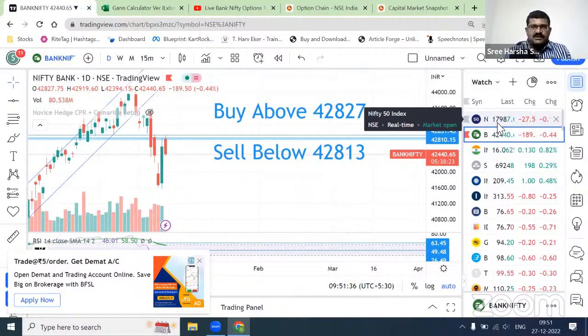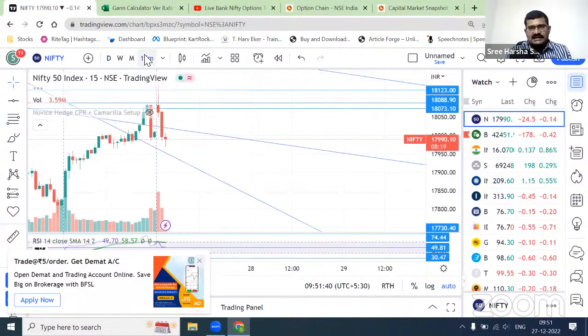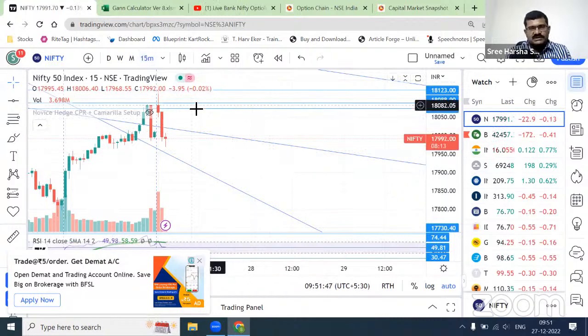So there will be some bounce, okay? And these bounces are unlikely to hold. There is a possibility we may again come up and try to test on the upside. But here what will happen is it will get into a sell side.